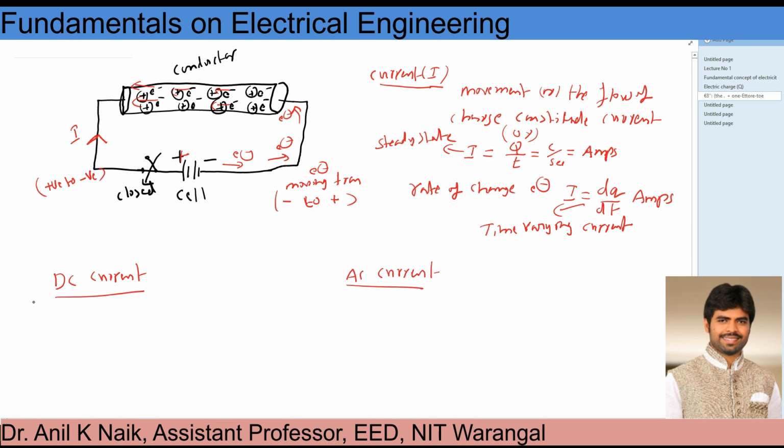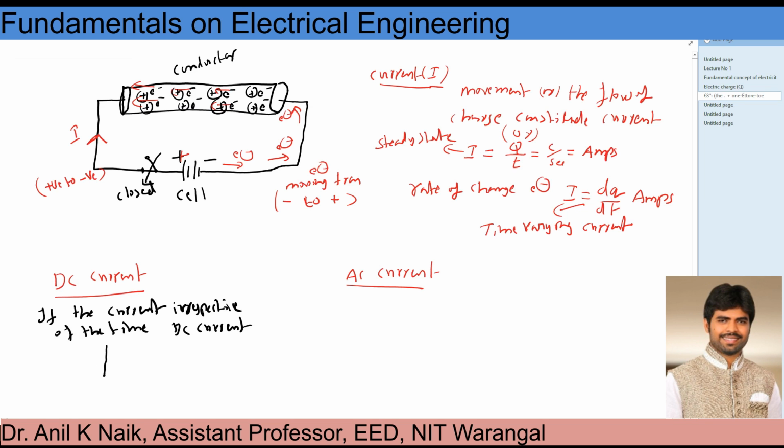If the current is constant irrespective of the time, then it is called the DC current.